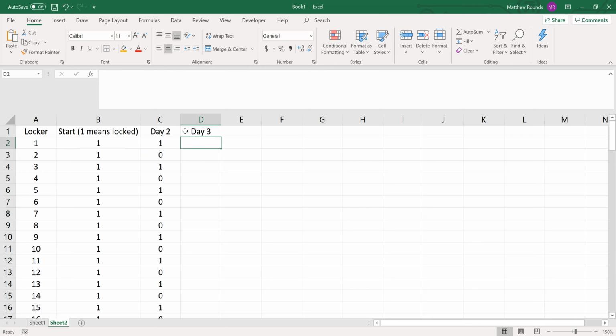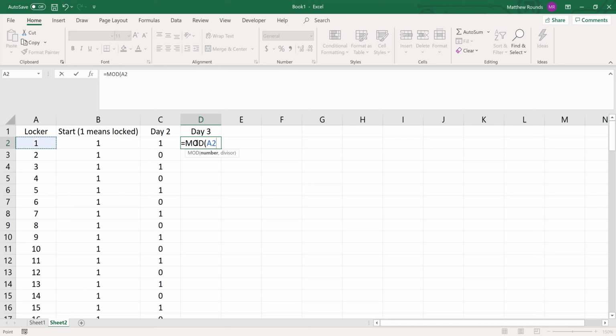It changes to every third locker. So if the locker was locked, they unlock it. But if it was unlocked, they lock it. Yeah, so this is where it gets a little bit more dicey. You have to know what's going on with the previous state of the locker. We don't even care how it was on day 1 now. We just care about day 2. So we do the same thing.